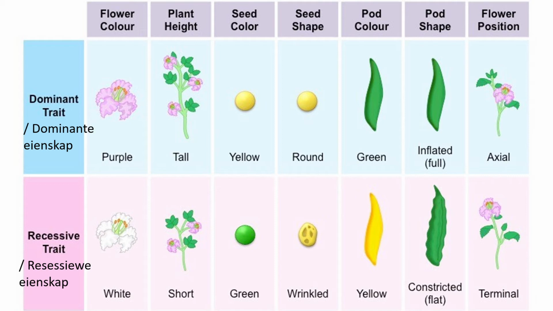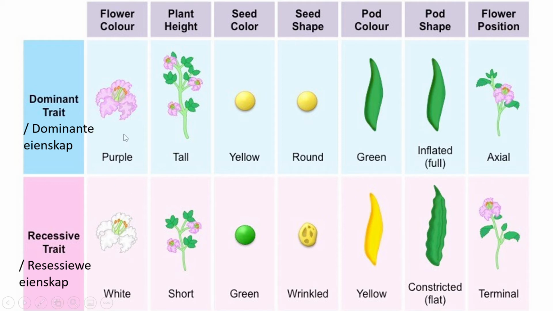So Mendel, he dabbled with flower color. He looked at the plant height, which we just had in the previous example. He looked at the seed color of the peas, the seed shape, pod color, pod shape, flower position, all those things. So every time he bred his plants, he looked at one of these things at a time. So then he realized something like purple is dominant over white.